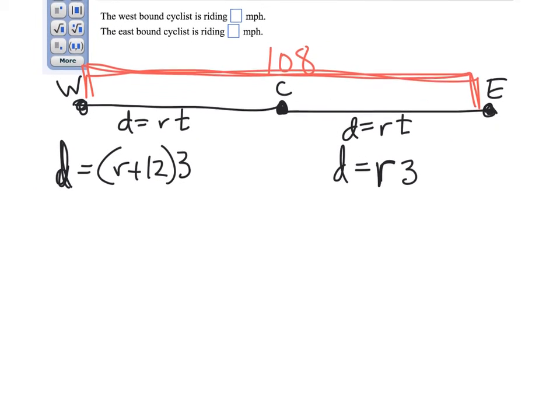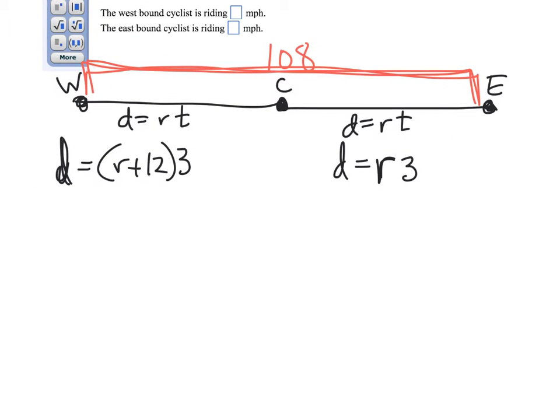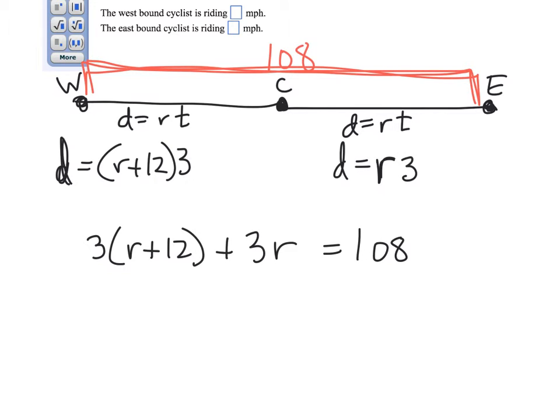So we're going to add those together. You've got 3 times (r plus 12) plus 3 times r. So I just added those two together, and I get 108 because that's the entire distance. This distance plus this distance equals 108.